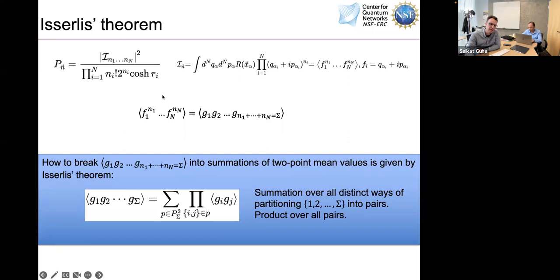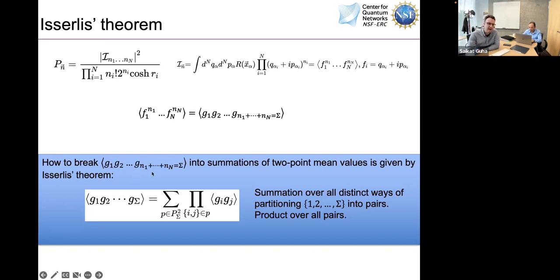What you need to do is 2 steps. One step is you need to write down F1 N1 times and label each one of these F1s differently. Do the same for all of these. That way you will get N1 plus N2 plus N3 up to plus Nn members within this mean value.